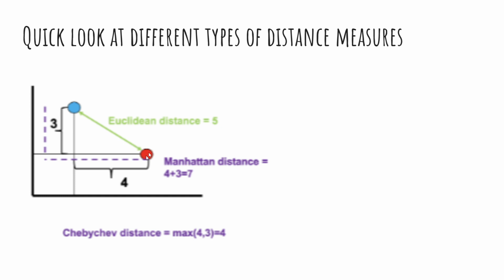In the end, you end up walking 7. It's 7 distance away, 7 meters, whatever it is. Finally, Chebyshev distance, you take the maximum of the dimensionality differences. So if you had 5 feature vectors, you look at the difference between each of them and take the biggest one.